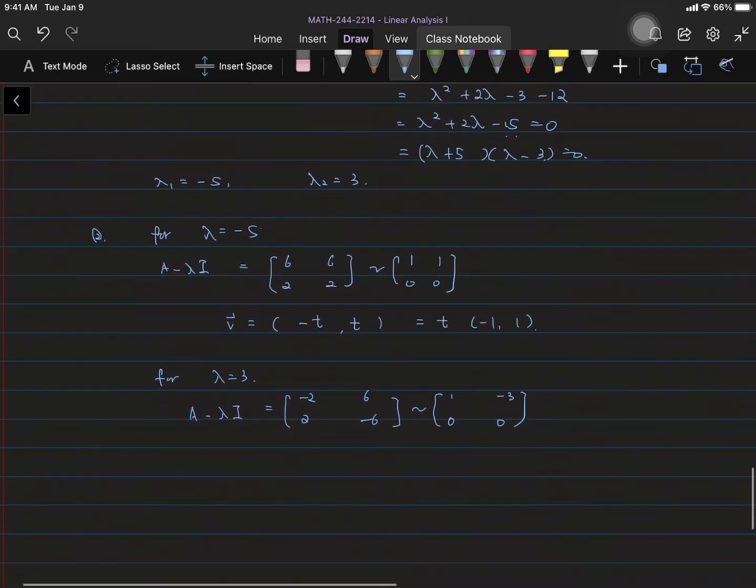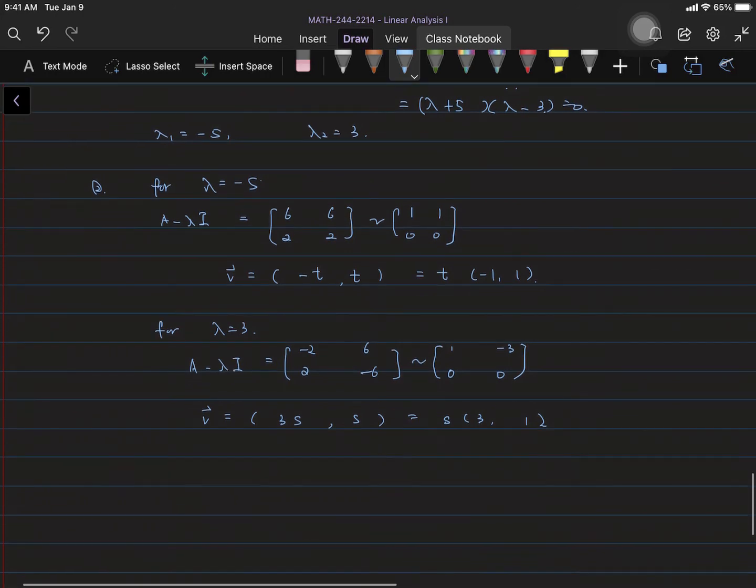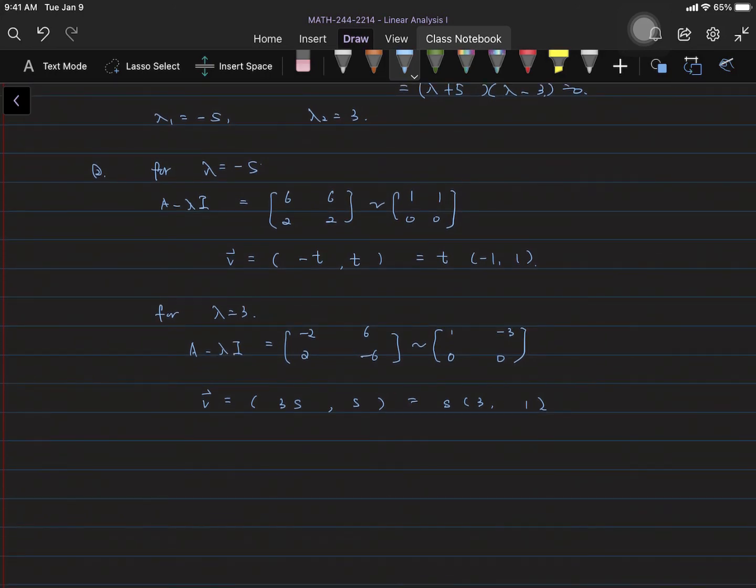Let's see the solution. The second component is the free variable, so I say s, and the first one should be 3s. If I take s out, it should be s times (3, 1). This is the eigenvector corresponding to eigenvalue lambda equals 3. So not difficult, right? Pretty easy.